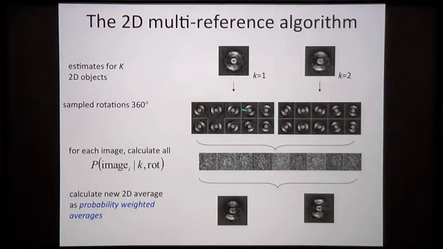And if we do that, we again take our new averages as probability-weighted assignment over all these different rotations and the 2 class assignment, okay? So now it can be that one particle, this particle, could be, because these are very similar, it could be that 55% of the weight goes into all these orientations, and the other 45% of the weights go into these orientations, okay?